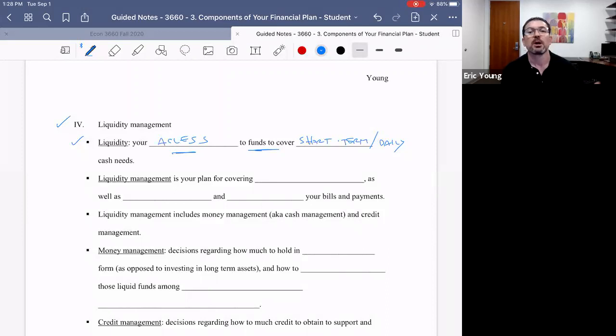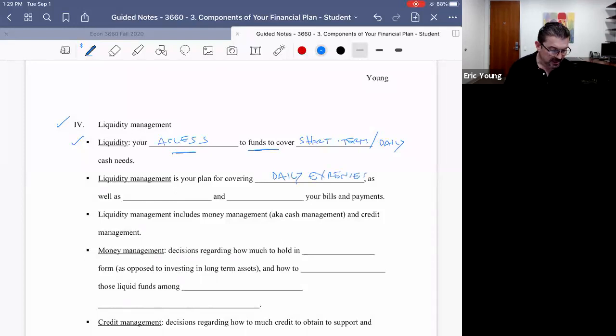So liquidity is a unique subset of your total asset base, and it reflects the idea of your ability to handle short-term cash expenditures and needs, okay? Liquidity management is defined formally as a plan for covering daily expenses, which we just hinted at.